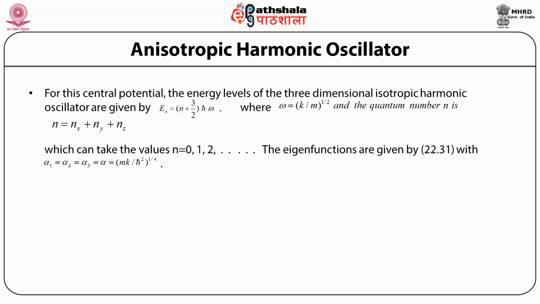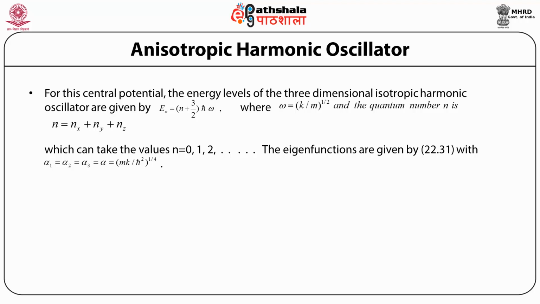If you can remember the one-dimensional harmonic oscillator, there this number was replaced by 1/2. So for the one-dimensional harmonic oscillator, the energy levels were given by E_n equals (n + 1/2) h bar omega.